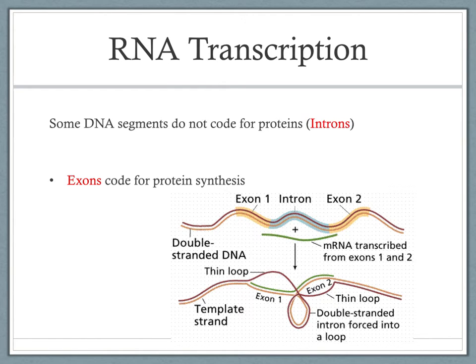There are segments of DNA that do not code for important proteins. These are known as introns. And notice that when the DNA starts to replicate, they form little loops so that they're not contained in the information. Segments known as exons code for protein synthesis.